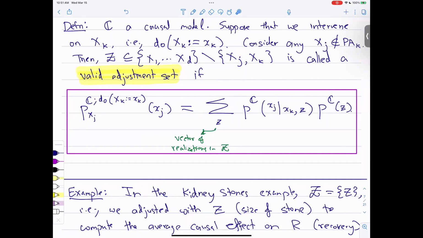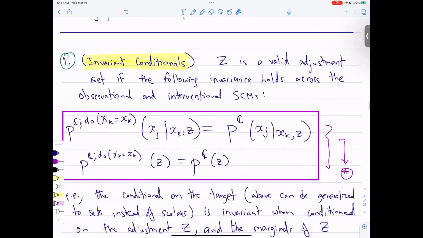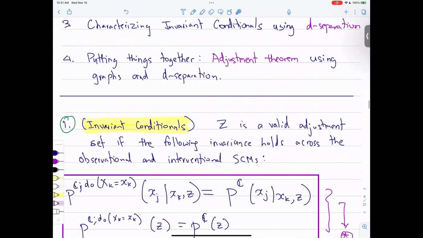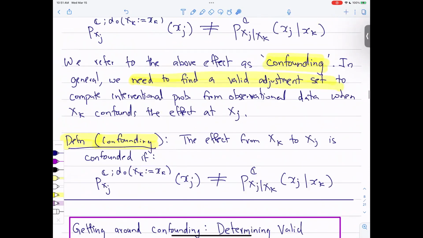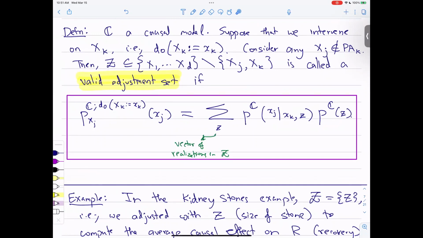Question. The adjustment set is a function of the Xj, right? No, here I've just defined adjustment sets as some collection of variables. There's no unique adjustment set for a problem. I have a graph, a collection of nodes, an Xj, an Xk.